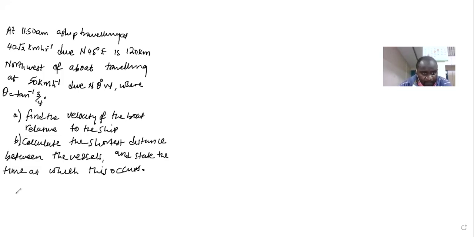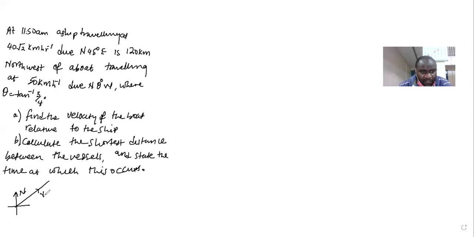To start with, we need to identify the direction. This is north. The first ship, you can call it ship 1, or VS, S standing for ship, is traveling at 40 root 2 in the direction north 45 degrees east.